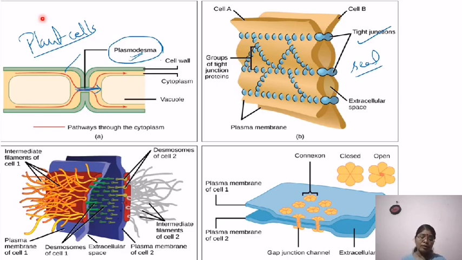Some small molecules which can act as information molecules are also able to pass through these gap junctions. So these are the different kinds of junctions in animals. There are many, but I have discussed the basic ones with you. So with this, the cell wall is complete. Goodbye, God bless you.